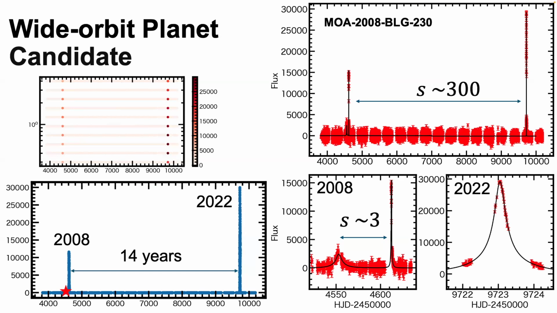This event has the potential to be a triple lens system, or a binary source, binary lens system. If we assume the triple lens model, the separation between the host star and the third companion is about 300, and it is the widest separation event discovered so far.